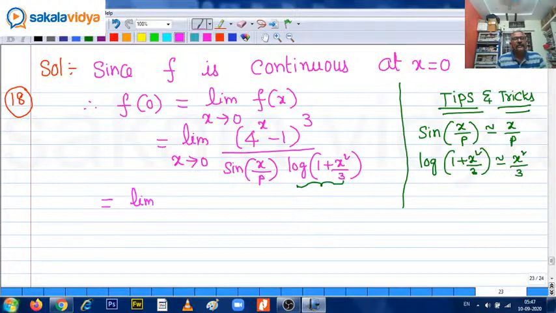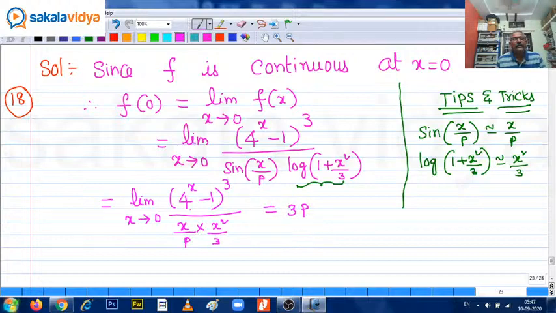So limit x tends to 0 of 4 raised to x minus 1 whole cube upon x by p times x square by 3. This becomes x cube and 3p. 3p is a constant, so we can write 3p times limit x tends to 0 of 4 power x minus 1 upon x, whole cube.